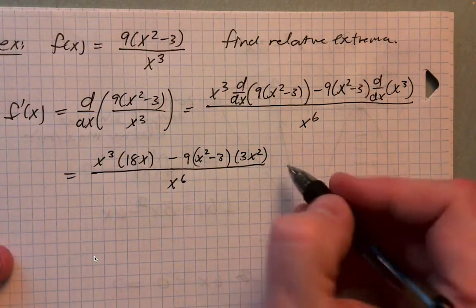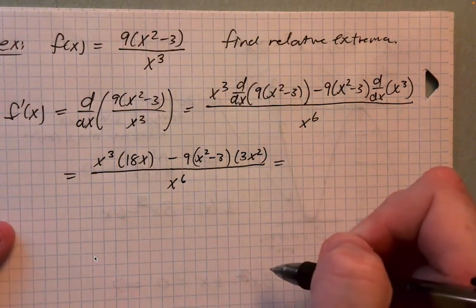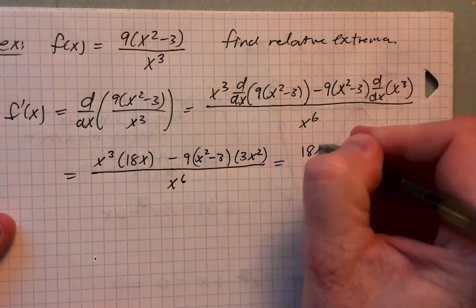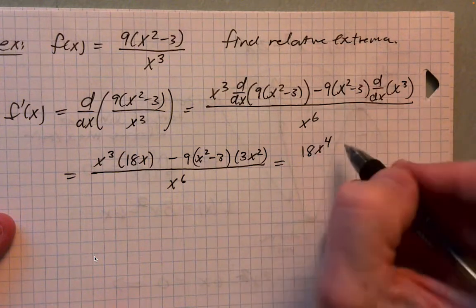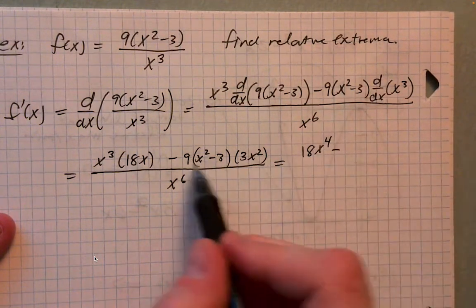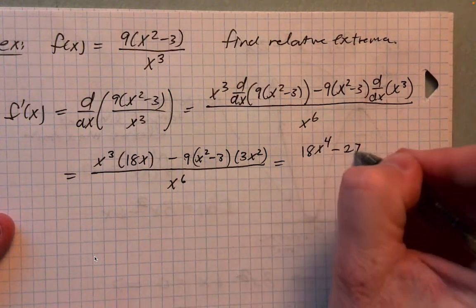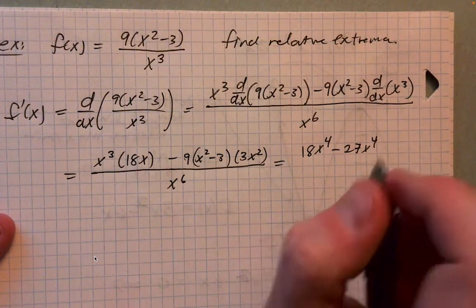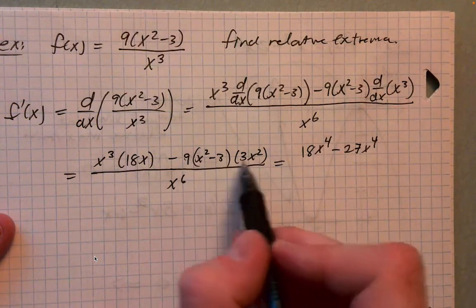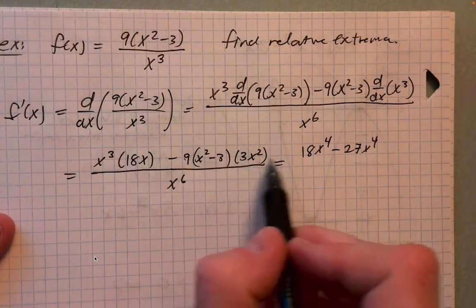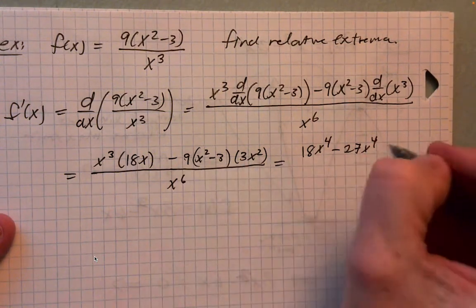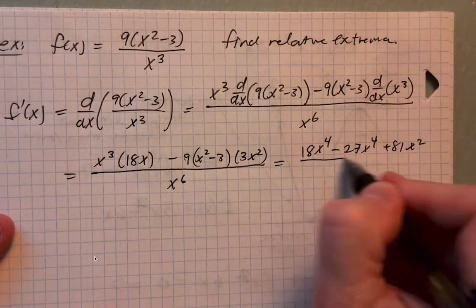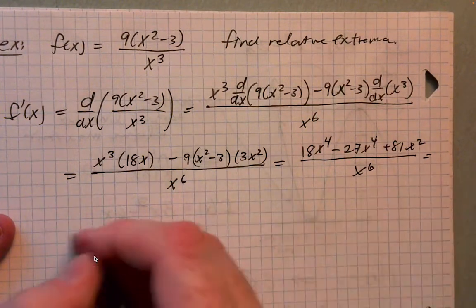Okay, now there's going to be some cleanup here, so let's expedite that. So 18x to the 4th, and then minus, and then here you'll be 9 times 3, so 27x to the 4th, and then 81x squared, I believe. 9 times 3 times 3 is 81, positive, and then it's x squared, so plus 81x squared, and then the whole thing divided by x to the 6th.